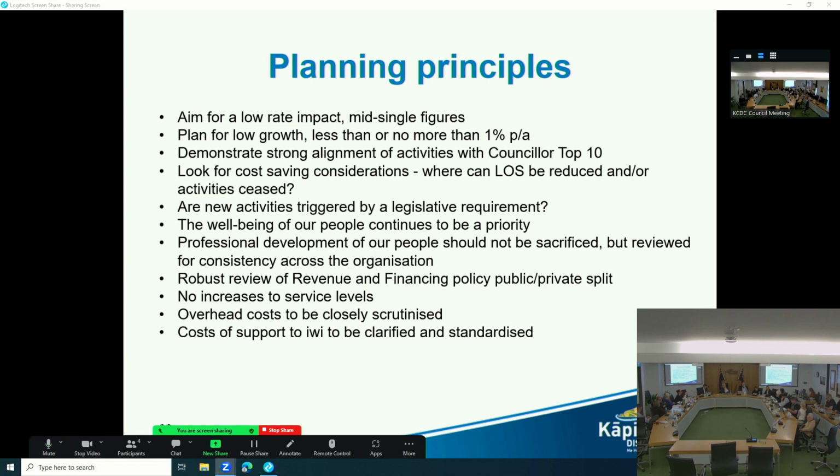I think just to add to that, Cheryl, the no increases to service levels was more about the work we're doing. Sometimes what happens in organisations is we can continually improve what we're doing, and we'll just do more of something. We want to bring that back to the table and say, here's where we're currently at. If we continue to do this, this is what it looks like. We'd also let you know if there was the opportunity to do more.